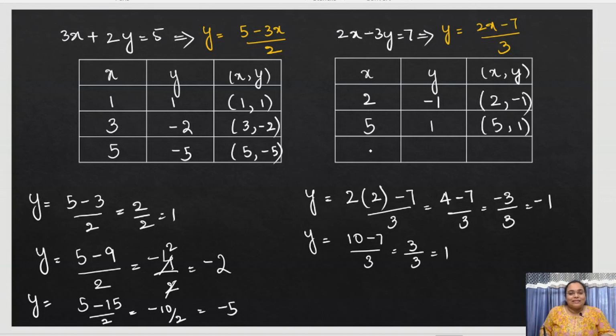So if you put x equals 8, this is 16. 16 minus 7 by 3, which is 9 by 3. You will get it as 3. Okay. This is 3. So the points are 8 and 3. Okay. Now let us plot the graph.